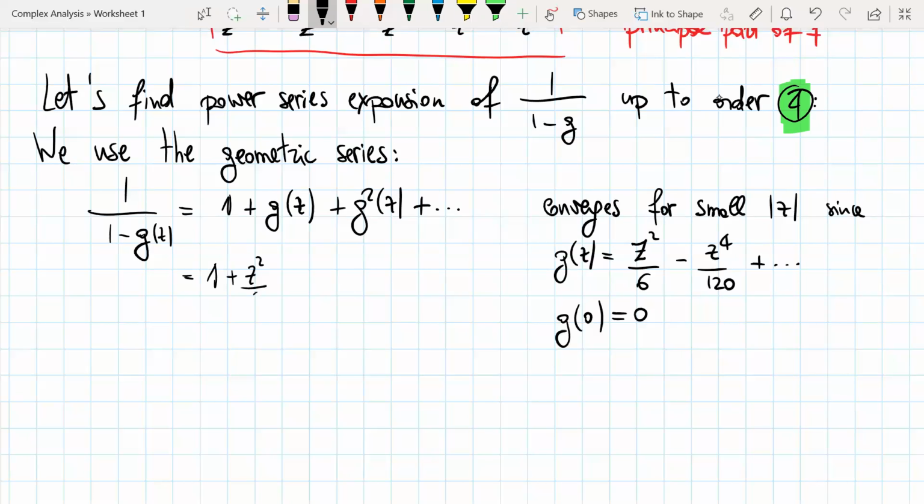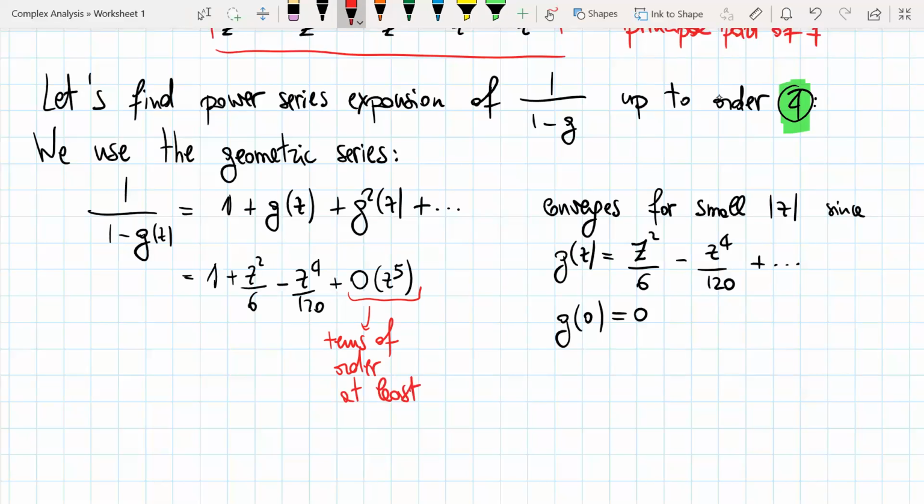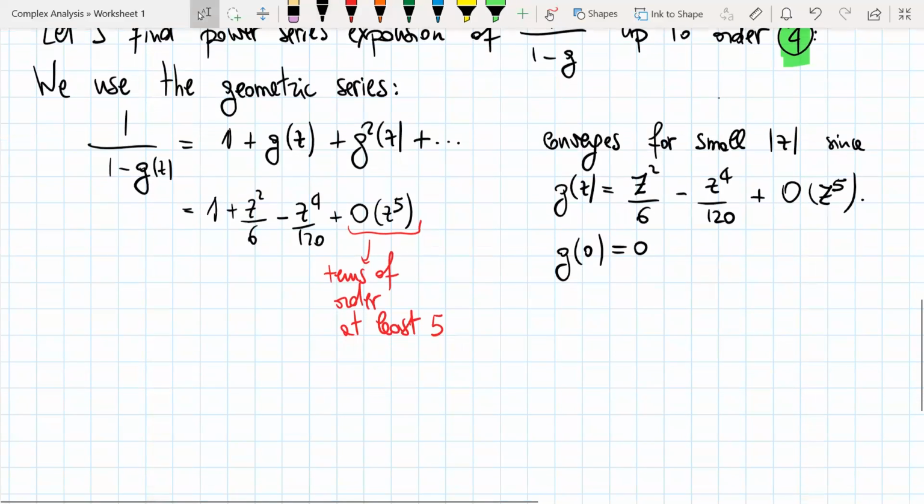So this is z to the 2 over 6 minus z to the 4 over 120. And then here there are other terms, which I write like this, O of z to the 5, which means these are all terms of order at least 5. So these are the terms coming from g of z. And then it comes g squared of z plus other terms.